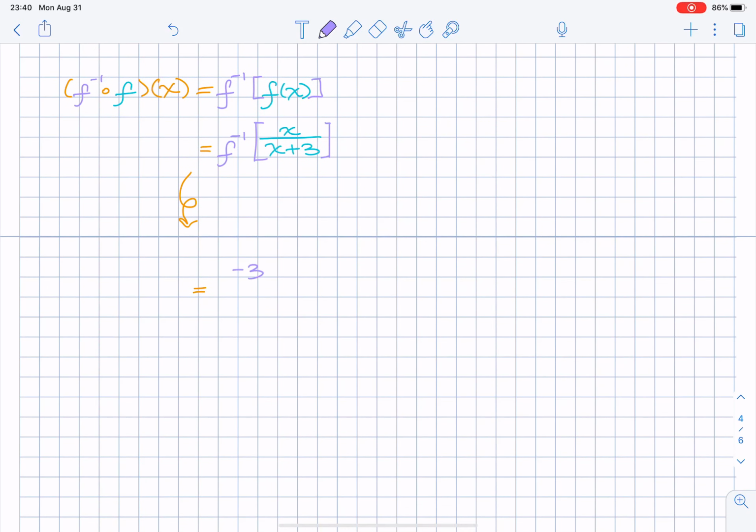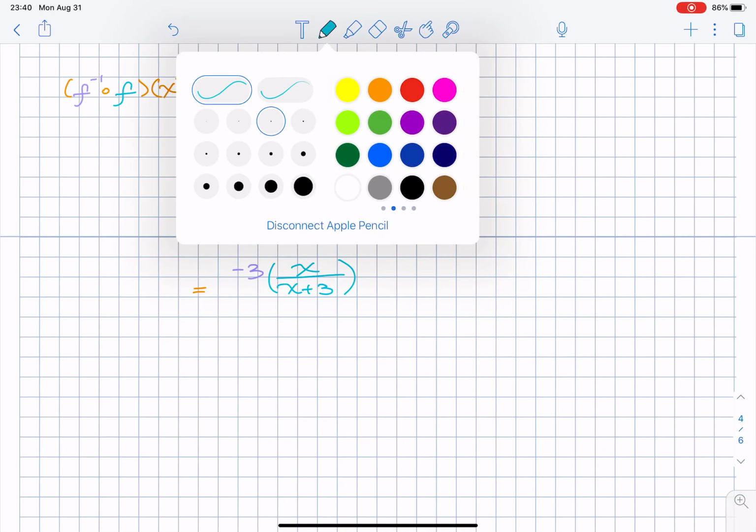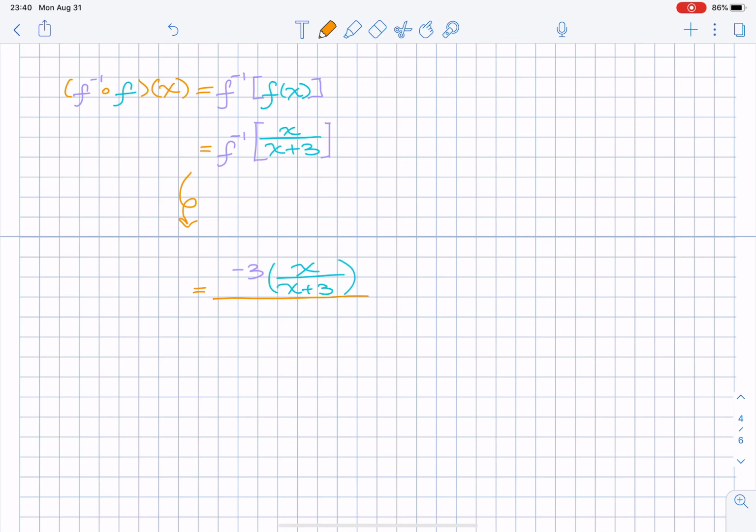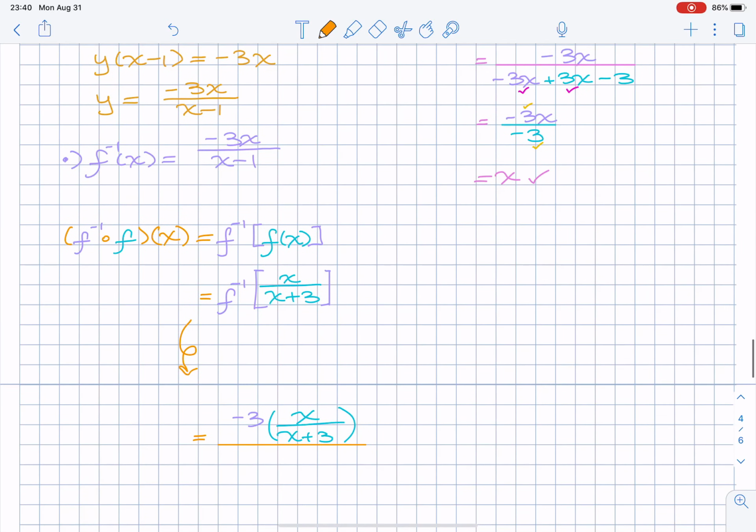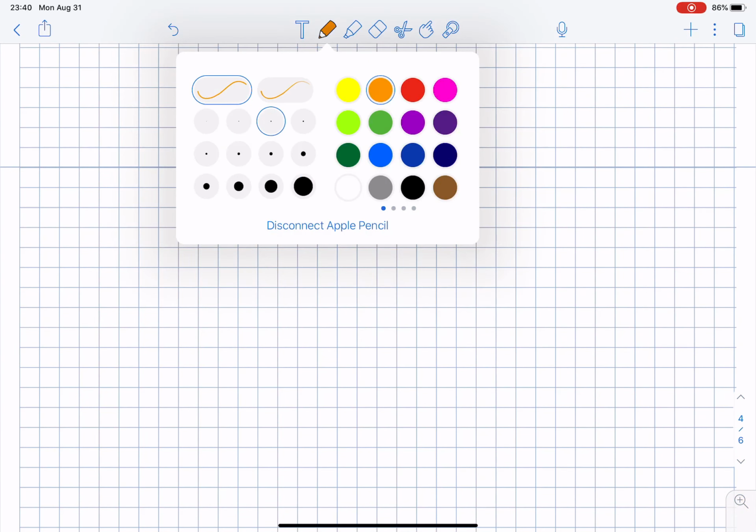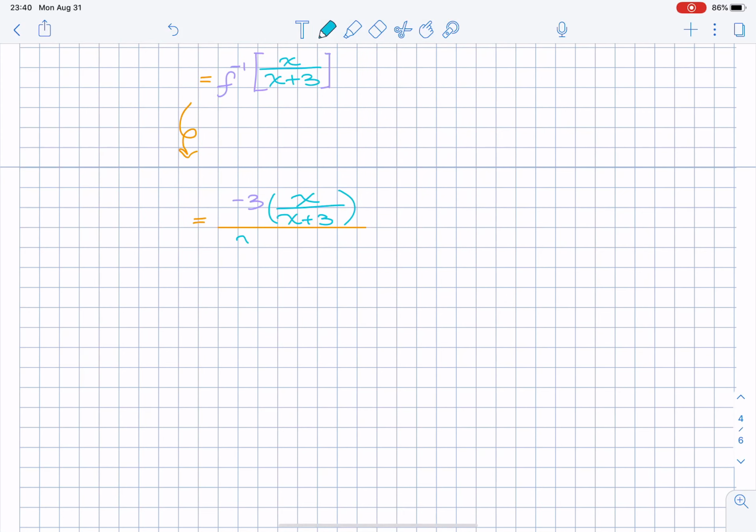So that's negative 3 times x over x plus 3, all divided by input minus 1. Okay, so the input is x over x plus 3, from which we're subtracting 1.